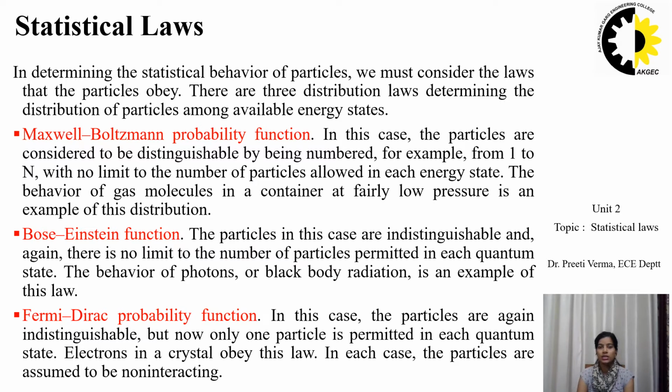As per this function, the particles are indistinguishable, and again there is no limit to the number of particles permitted in each quantum state. The behavior of photons or black body radiation is an example of the Bose-Einstein function. But differing from these two functions, the Fermi-Dirac distribution function has only one particle permitted in each quantum state.